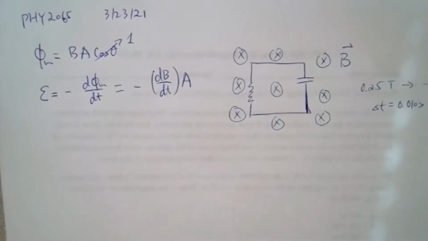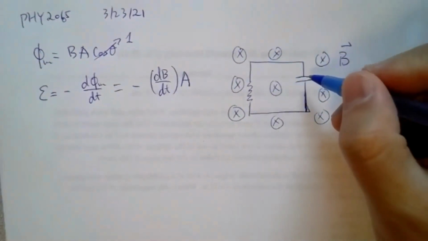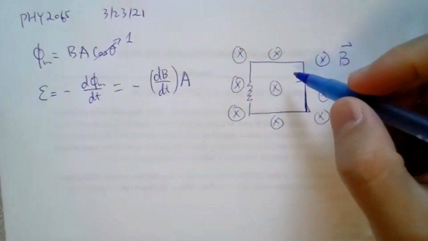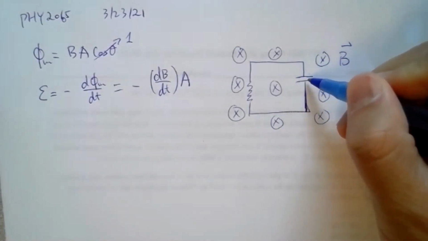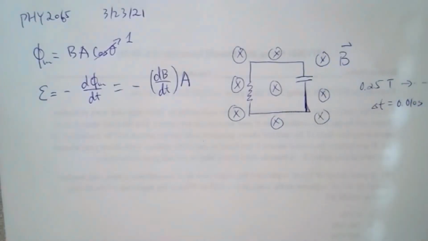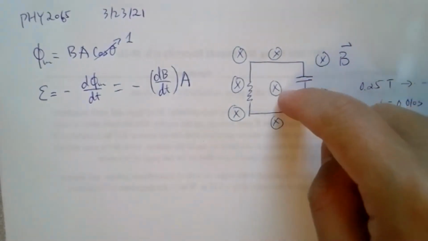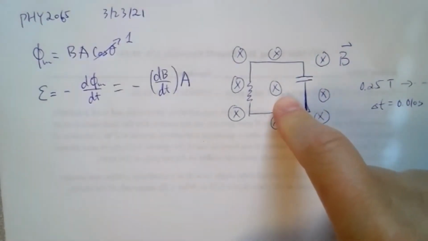So you have an induced electric potential inside the circuit, and that induced potential will be across the capacitor. Let's see. Initially the B field goes into the paper.